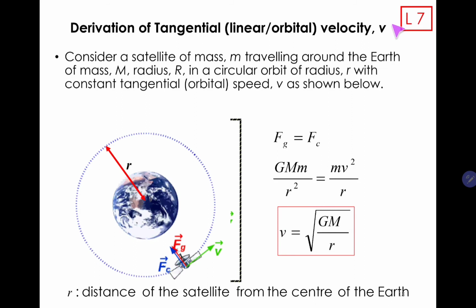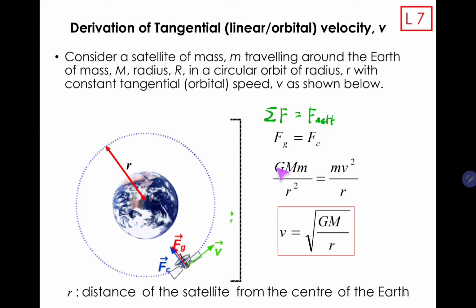Based on the earlier chapter, the sum of F equals F net. So F net equals Fc, and the force exerted on the satellite is Fg. So Fg equals Fc.